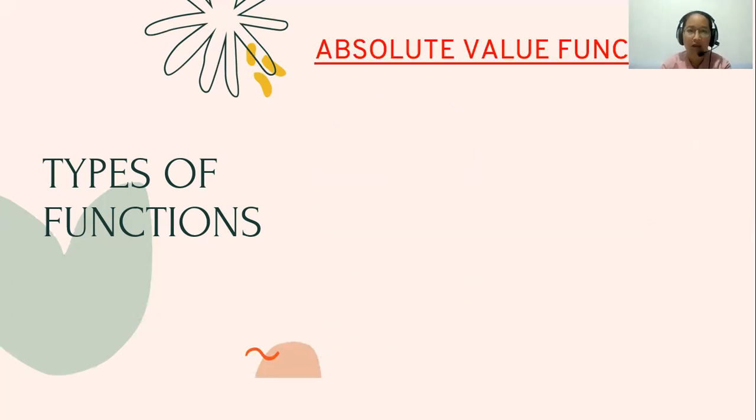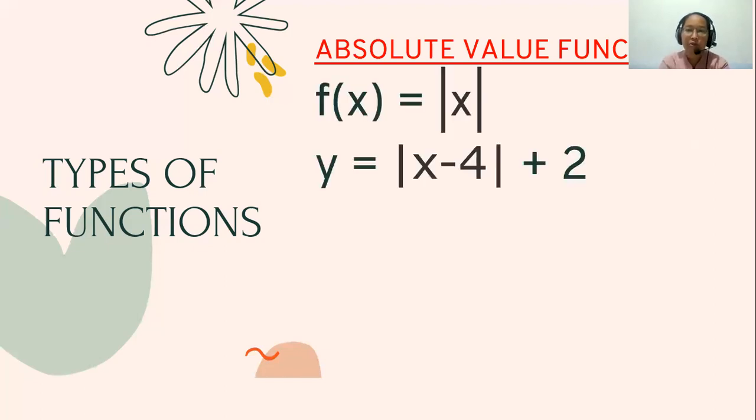The last two types of functions are absolute value functions, meaning a function that makes use of the absolute value symbol. Remember that when we talk of absolute value, any number, whether positive or negative, will always have a positive value. Generally, an absolute value function is written in the form f of x is equal to the absolute value of x.